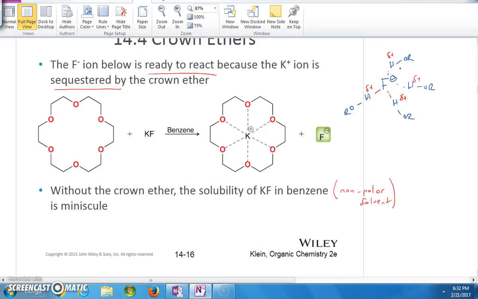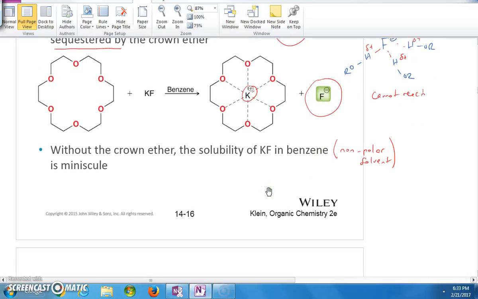The fluoride is occluded, and so it cannot react. However, in the presence of a crown ether, the crown ether can solvate the potassium ion and free the fluoride nucleophile. So the fluoride nucleophile is now in solution. It's ready to react as a nucleophile because the potassium ion has been sequestered or solvated by the crown ether.